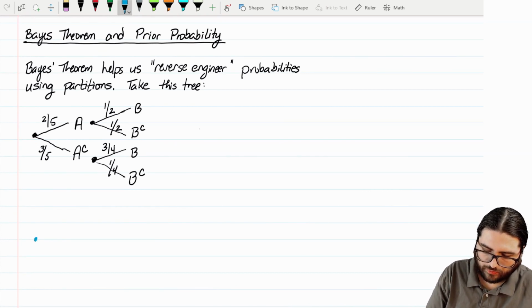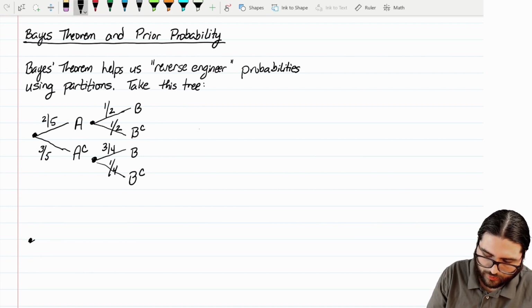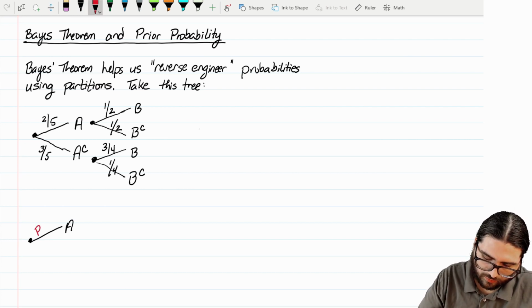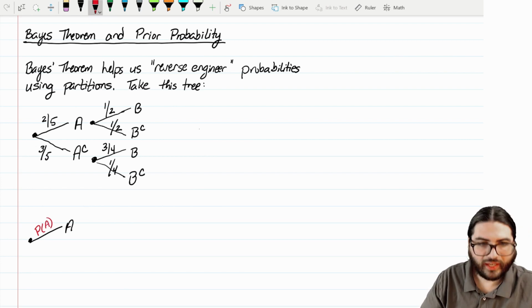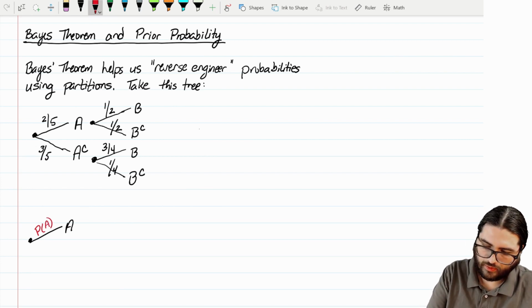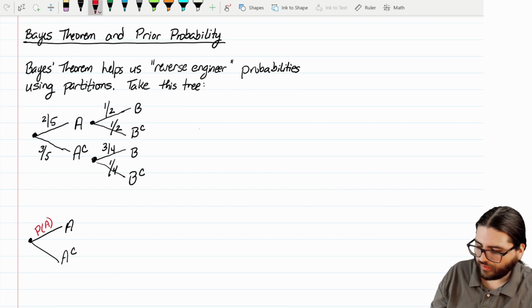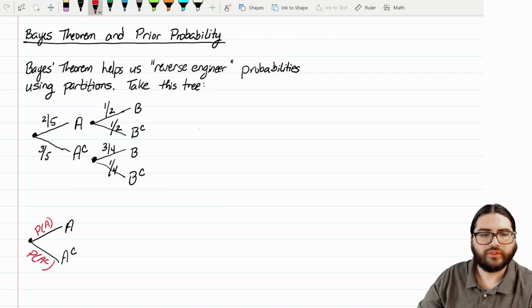For example, if I wanted to ask, what is the probability that A occurs, period, that probability is already listed in my table. This is the probability of A. If I wanted to know the probability of A complement, that is also listed directly in my tree.